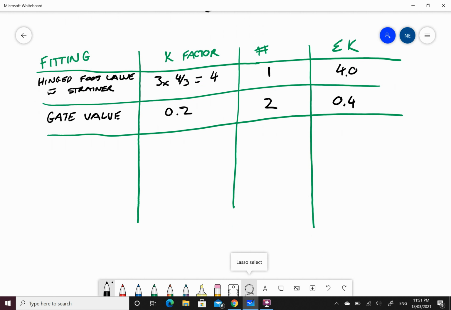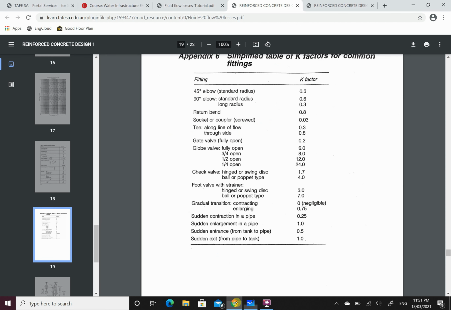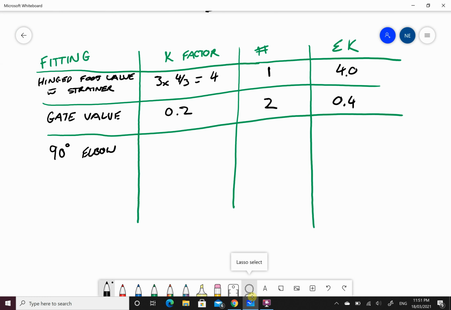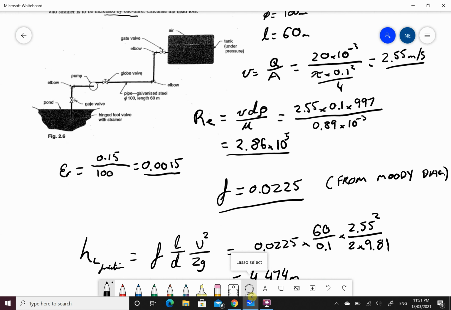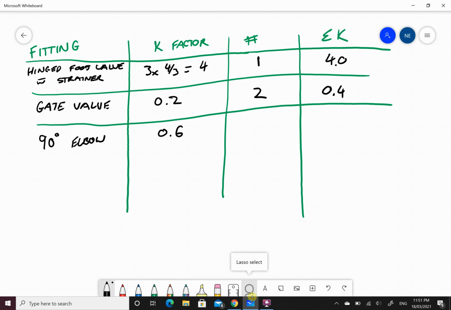My next one, let's go with the 90-degree elbows. We're not told it's a long radius, so we assume standard, worst case scenario. Standard is 0.6. How many do I have? 1 elbow, 2 elbows, 3 elbows. So 3 elbows, so my K is 1.8.